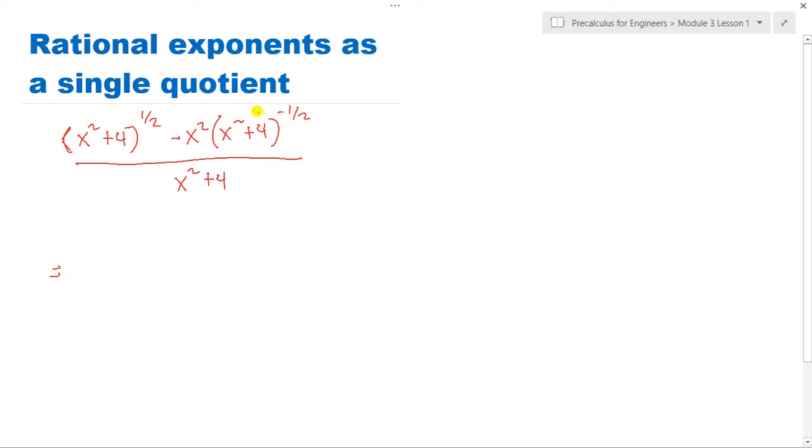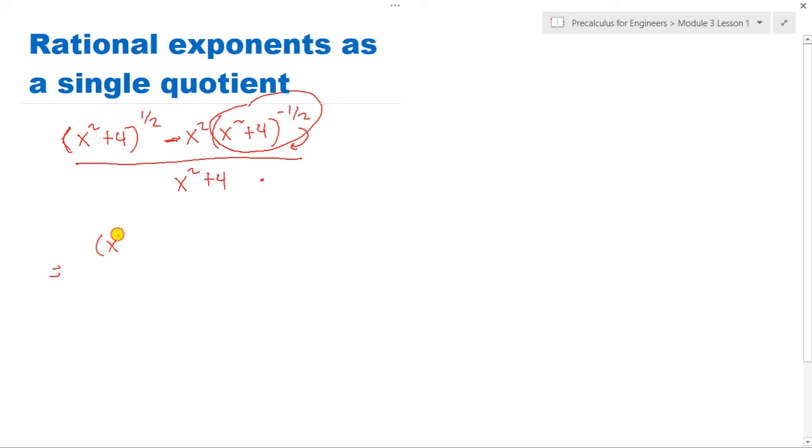So this one pala is we need to bring it down to the denominator, but not here, hindi dito sa denominator na ito. Bakit? Kasi meron siyang subtraction operation. That's why i-reciprocal na lang natin ito. So let's reciprocate this.